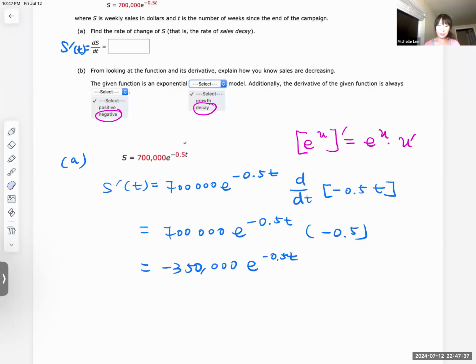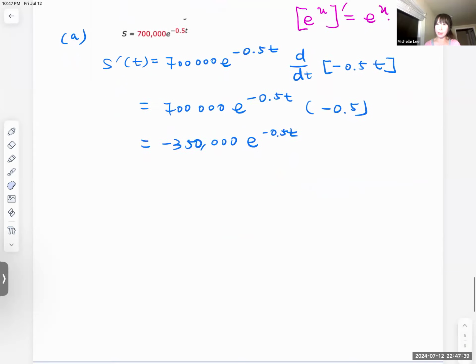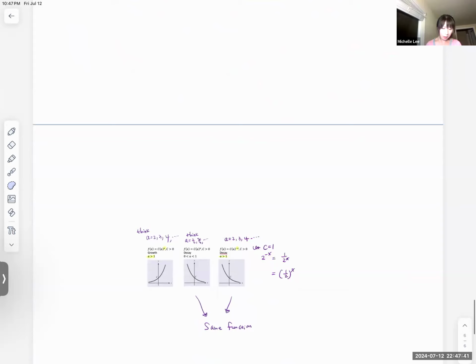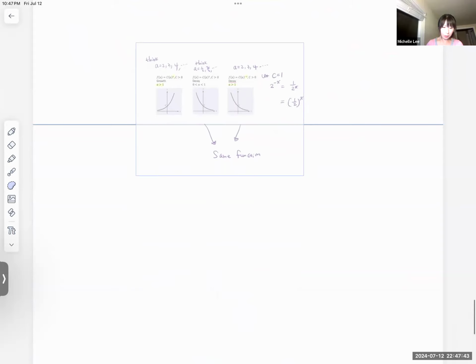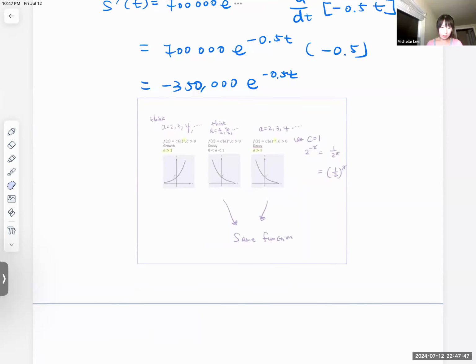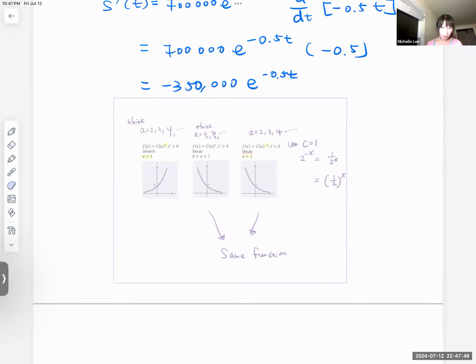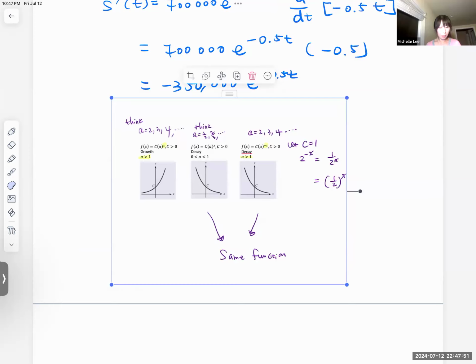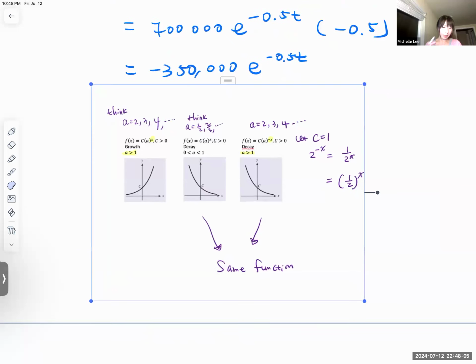Okay, so this is from lesson 9 we had before. Let me move this one here. So we learned that we have a C times, which is the initial value, and then we have a base. Then if we have a negative exponent, this is a decay, right?